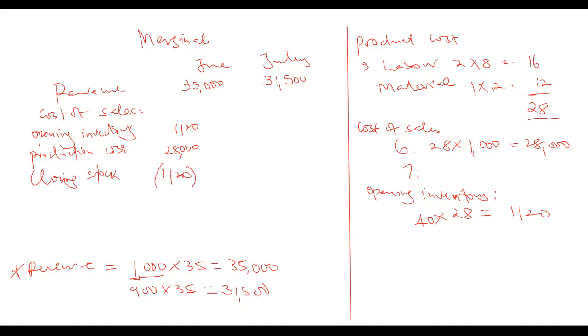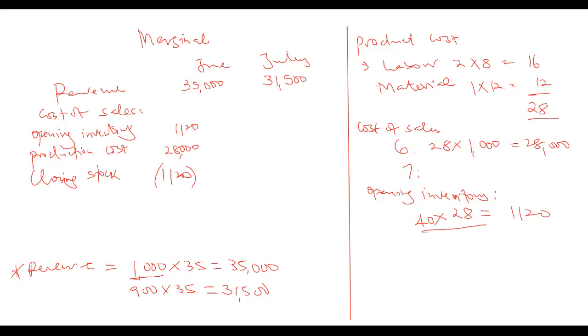Is that clear? At the beginning of the month of June, the company had 40. They produced 1,000, so the total units is 1,040, minus what has been sold, which is 1,000. What is remaining is 40. The value is 40 times 28, which gives 1,120.